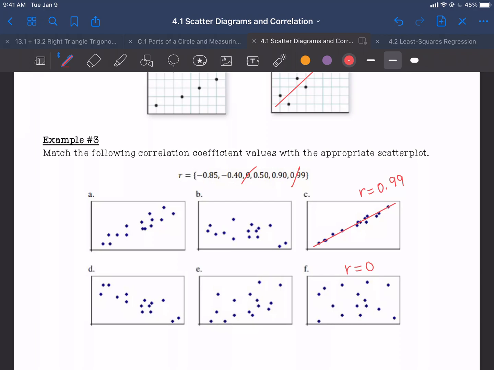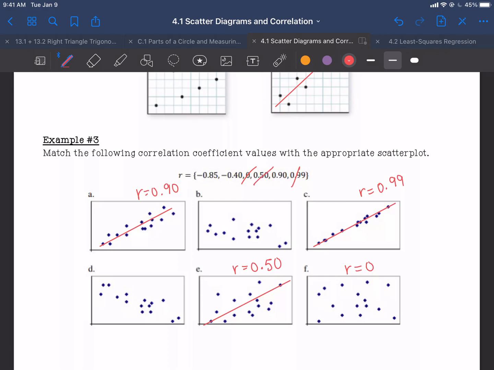And then between my other two positive relationships, graph A has points closer to the line than graph E. So I would say A has a correlation coefficient of 0.90 and E has a correlation coefficient of 0.50.